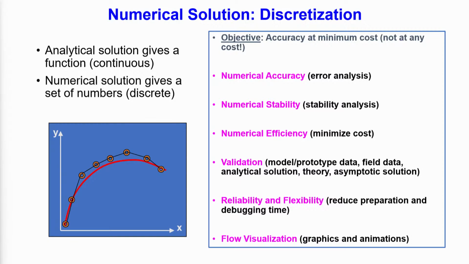So if you have an analytical solution, let us say, forget about heat conduction or whatever, say y is your dependent variable and x is your independent variable. So if you have an analytical solution, you will get a continuous function. So you will get, let us say, this orange line.